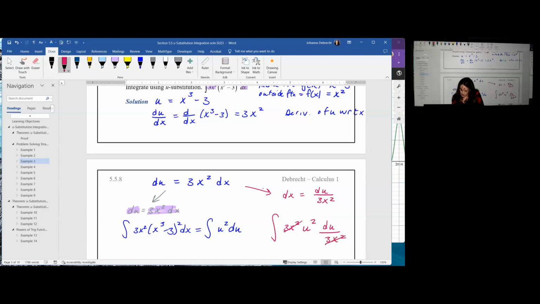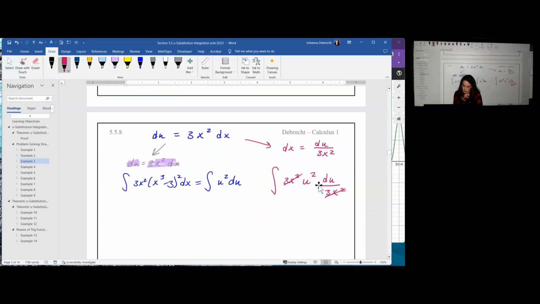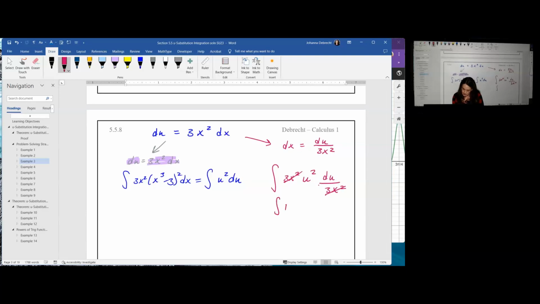Then the 3x squareds cancel, and you end up with exactly the same indefinite integral u squared du. Once you've reached this point, you're ready to integrate, but with respect to u, not x. This is a polynomial, so we can use the power rule for integrals. Add 1 to the power and divide by the new power. This gives me u cubed over 3 plus the constant of integration.